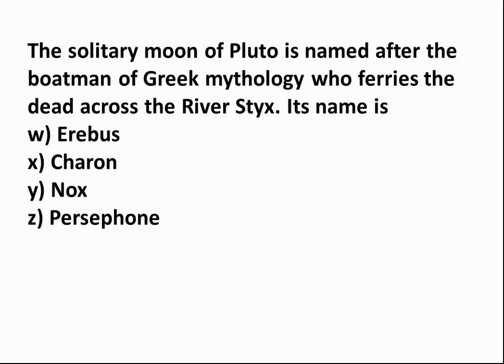The solitary moon of Pluto is named after the boatman of Greek mythology who ferries the dead across the river Styx. Its name is W. Erebus. X. Charon. Y. Nox. Z. Persephone. Answer: X. Charon.